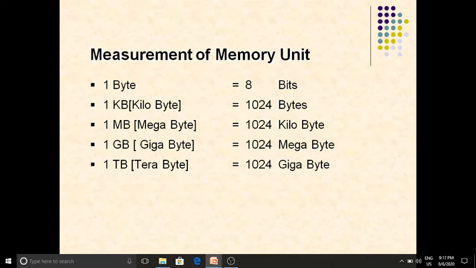In the same way, in computer systems, memories are measured like this. 1 byte is equal to 8 bits, 1 kilobyte is equal to 1024 bytes, 1 megabyte is equal to 1024 kilobytes, 1 gigabyte is equal to 1024 megabytes, and 1 terabyte is equal to 1024 gigabytes. Okay students, these are the measurements of memory units in computer systems.